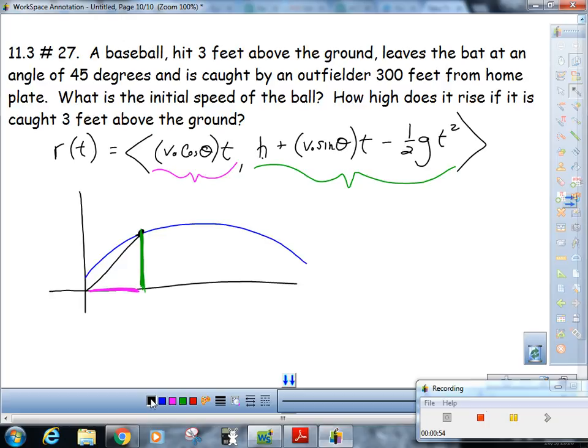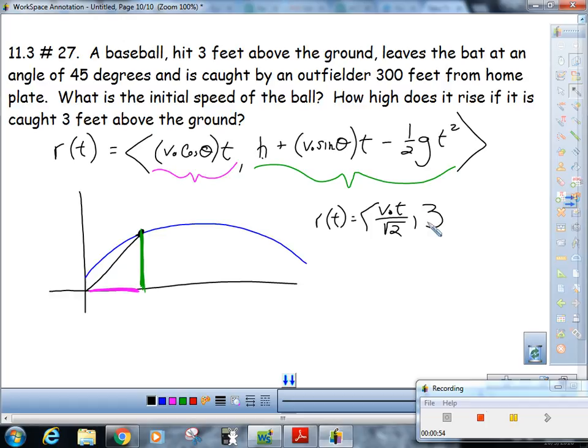So, as we plug in the given information, you'll get r of t. Cosine of 45 degrees is 1 over radical 2. And I'm not even going to simplify that because I find it easier to just leave the radical on the bottom, as some math teachers out there are freaking out.